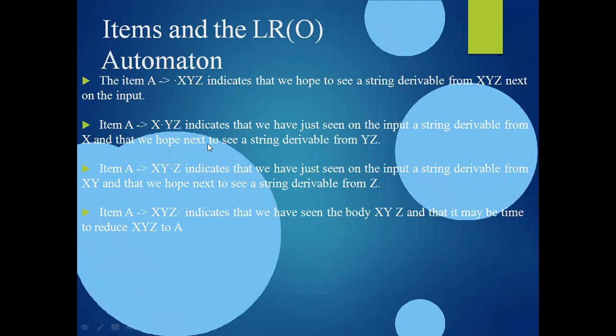That means the dot should appear after Y. Now it is before Y, right? And after computing the goto, it becomes like this. It indicates that we have seen on the input a string derivable from XY, and we hope next to see a string derivable from Z.